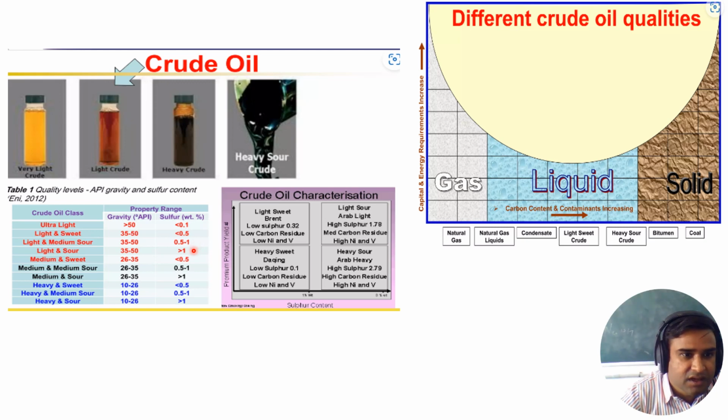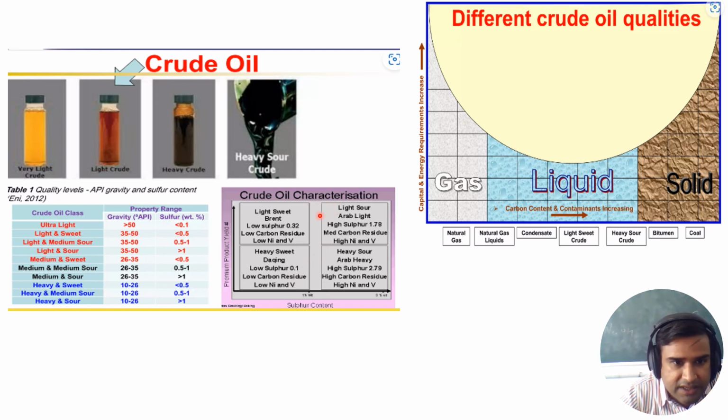And we have ultra light, where the sulfur content is less than 0.1%. Then we have medium and sweet, that is 25 to 35, and the sulfur content is less than 0.5. Then we have medium, medium and sour, heavy and sweet, heavy and medium sour. So based on the sulfur content and degree of API, the crude oil is characterized.